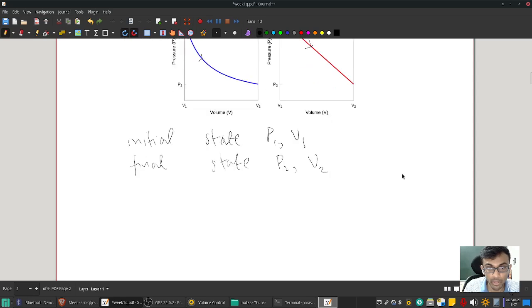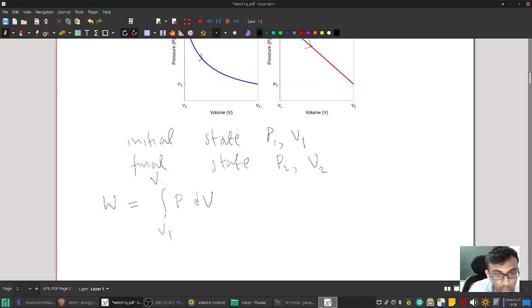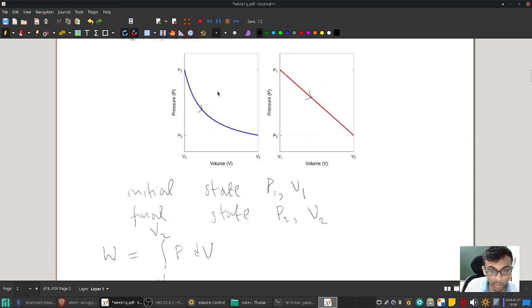If you want to compare the work done, we can first note that it is the integral under the PV curve, from the initial to the final state, which is nothing but the area under the curve.